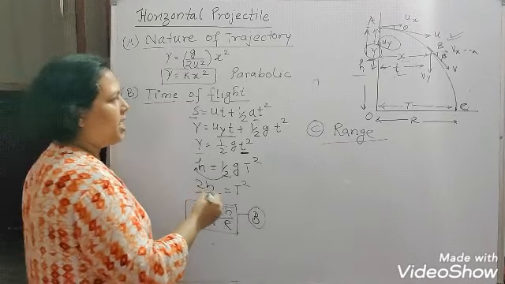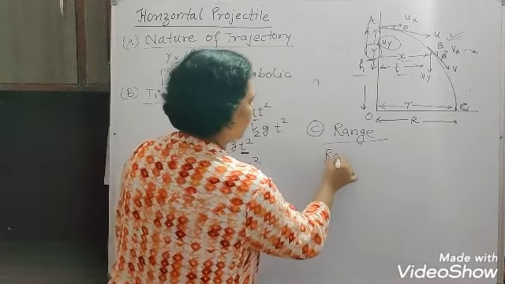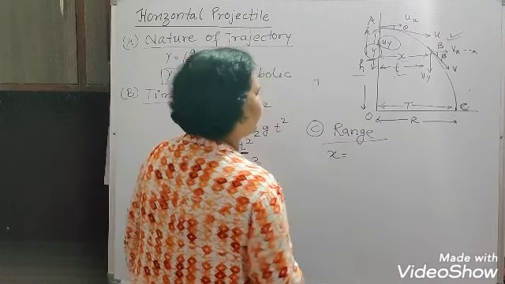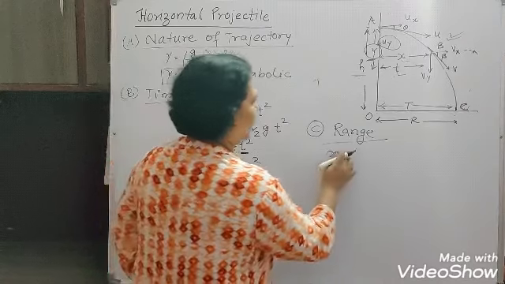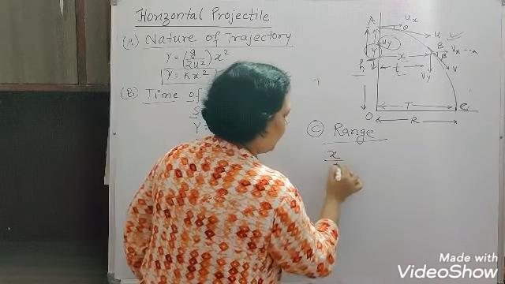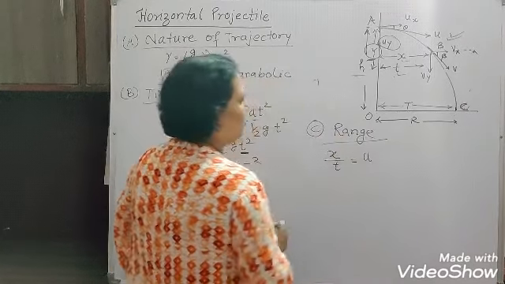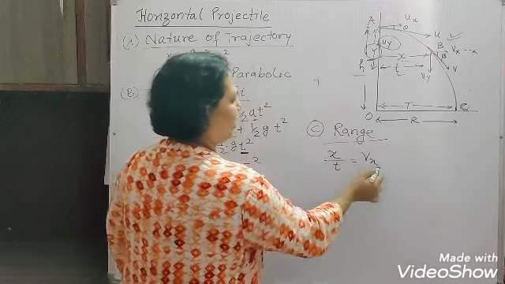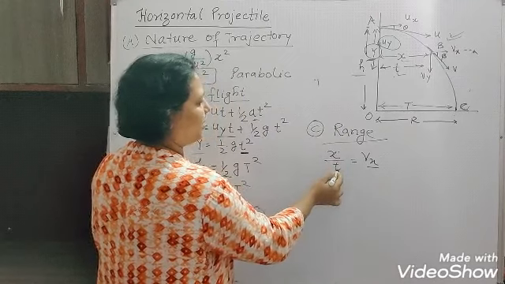If we see that range or the x, we can just write here x equal to the displacement, and the velocity vx is equal to x upon t.